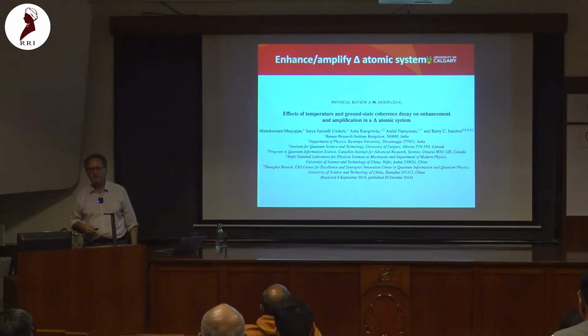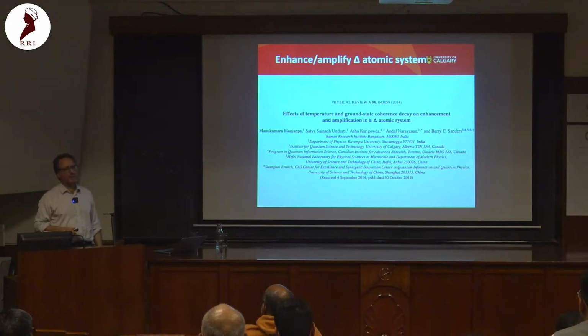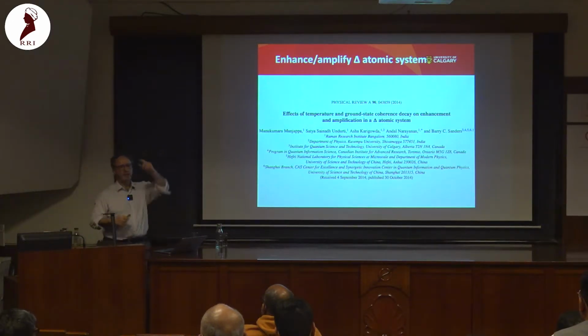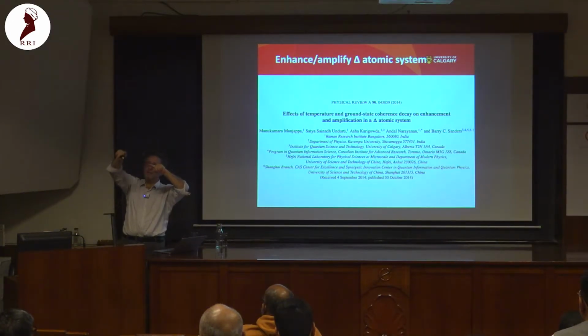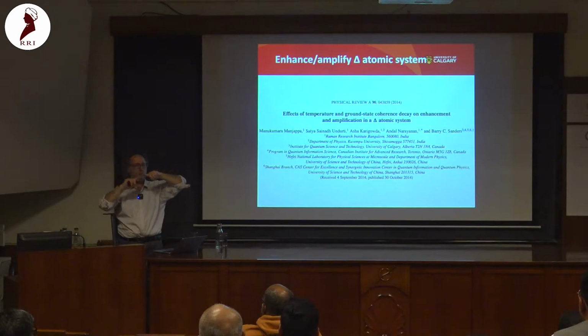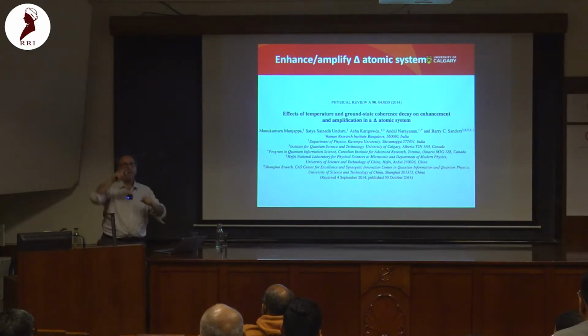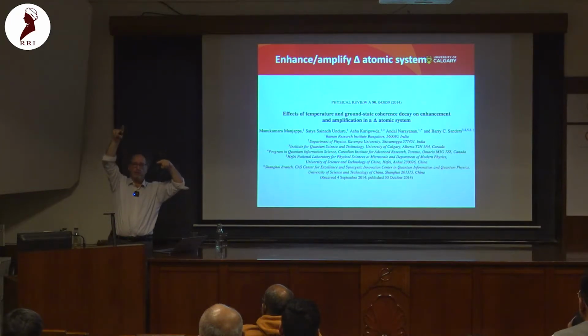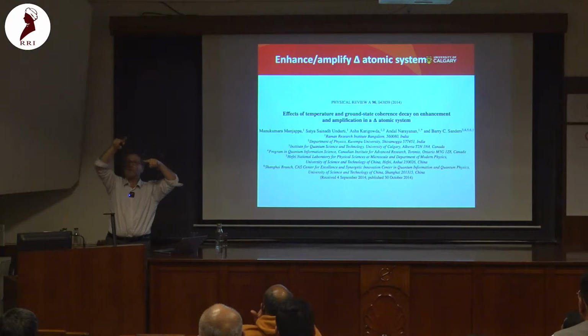Over the years, I started thinking a lot about this 3-level system where you drive and drive, and what if we add another driving term, which is microwave, between the two hyperfine levels. This structure with two ground levels and one excited level is called a lambda electronic structure because it looks like the capital letter lambda in the Greek alphabet.